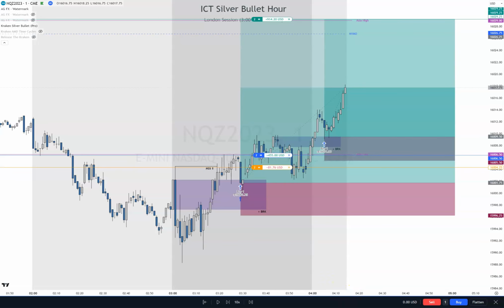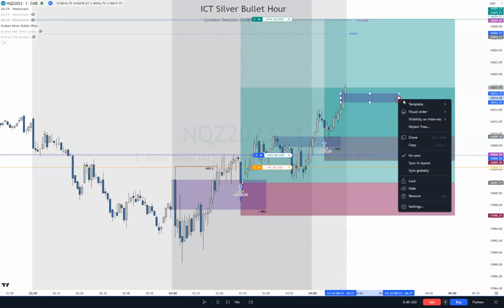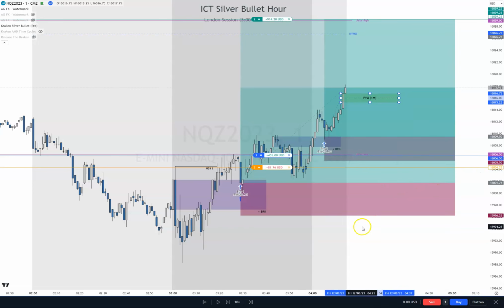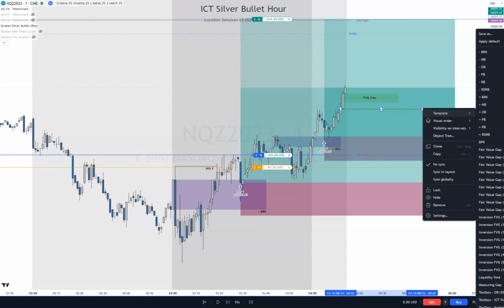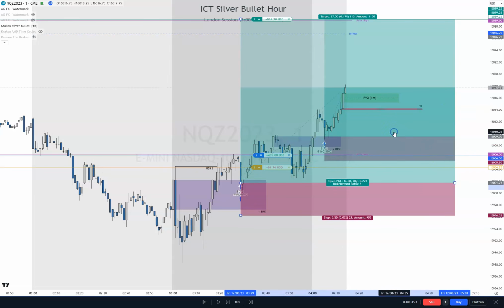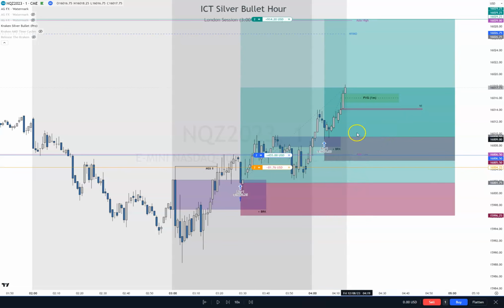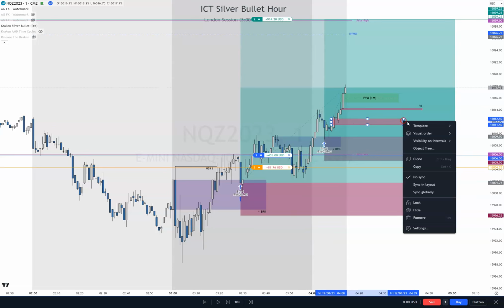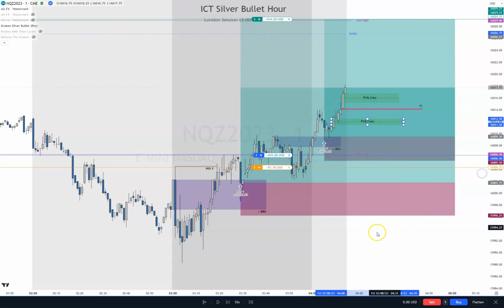But let's do the 3 PD array rule here. Let's start marking these out. Okay, fair value, so volume imbalance, fair value gap.